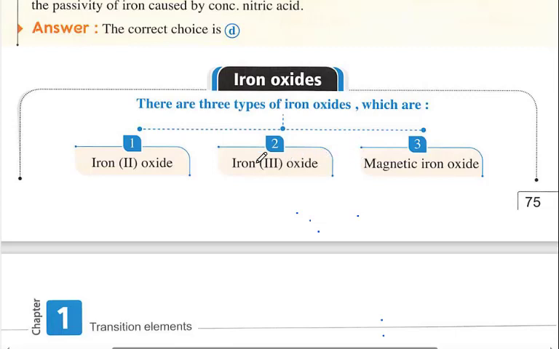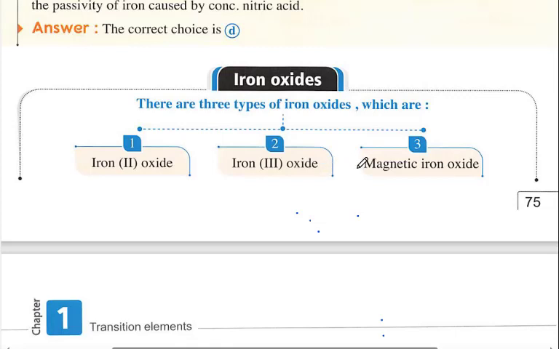If the temperature is from 400 to 700, both of these oxides, magnetic iron oxide and ferric oxide, are reduced to ferrous oxide or iron 2 oxide. So ferrous oxide and magnetic oxide can be oxidized into ferric oxide. Ferric oxide can be reduced into iron 2 oxide or magnetic iron oxide.